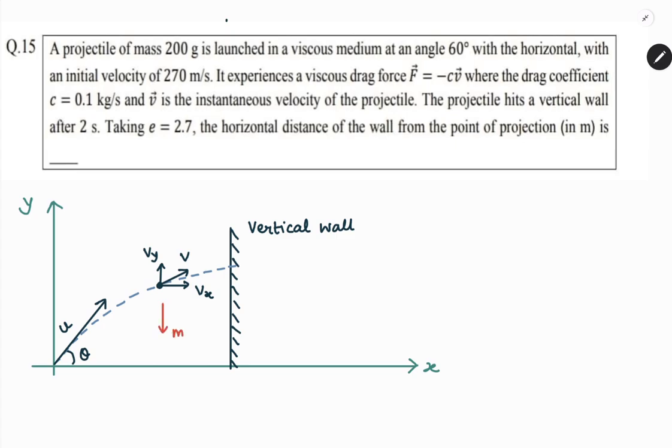Only gravitational force will act on the projectile in normal cases. But in this particular problem, a drag force is going to act, which is minus CV vector. So a component of drag force is going to act opposite to the direction of velocity, and this drag force will have a component in the x direction and a component in the y direction.